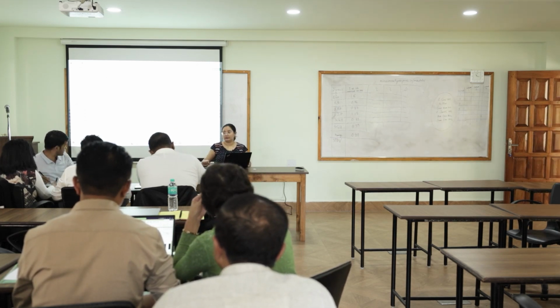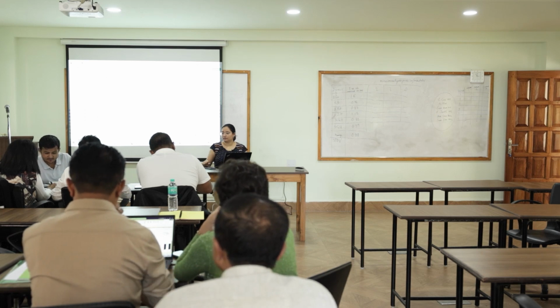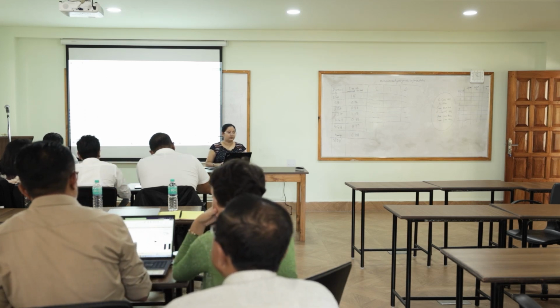STDEV.P. Enter. These are not the average, no? This is a raw value. Okay, that's your standard deviation. So now you've got the mean value and you've got the standard deviation.